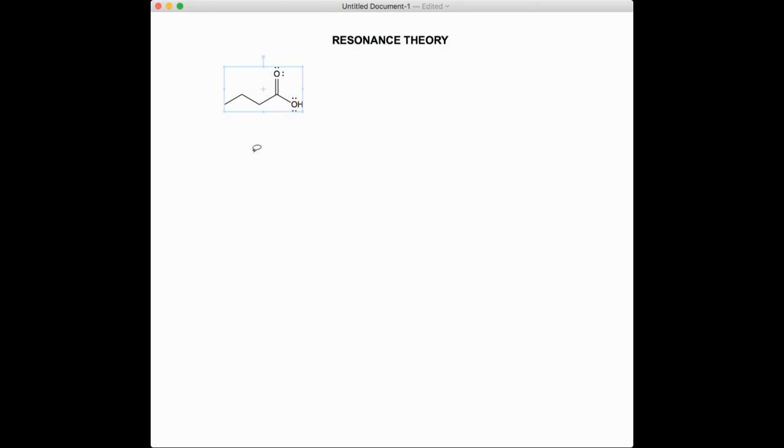I'm gonna ask you guys in the first place, what is the hybridization of this oxygen atom here? So what's the hybridization of that oxygen? Good. So that oxygen has a double bond, so it has a pi bond.